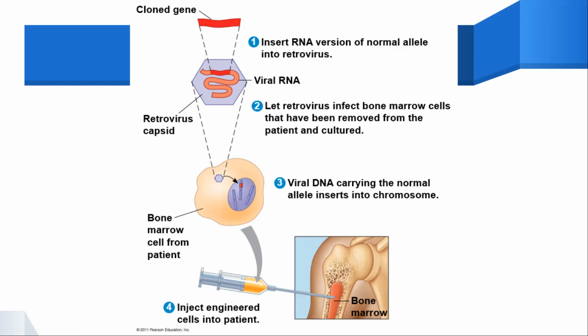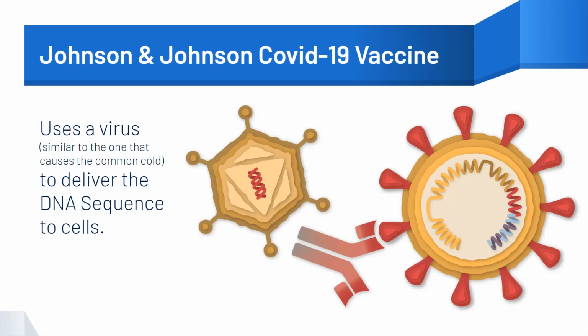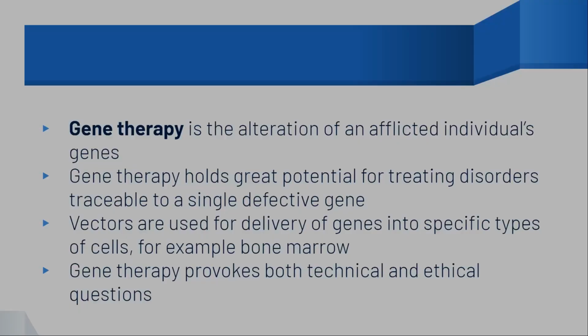They don't get sick, but the DNA that has the gene that we're interested in will get inserted into the DNA of that person. That person is then now producing the protein that they couldn't produce before, and so they can now make the protein that they need.